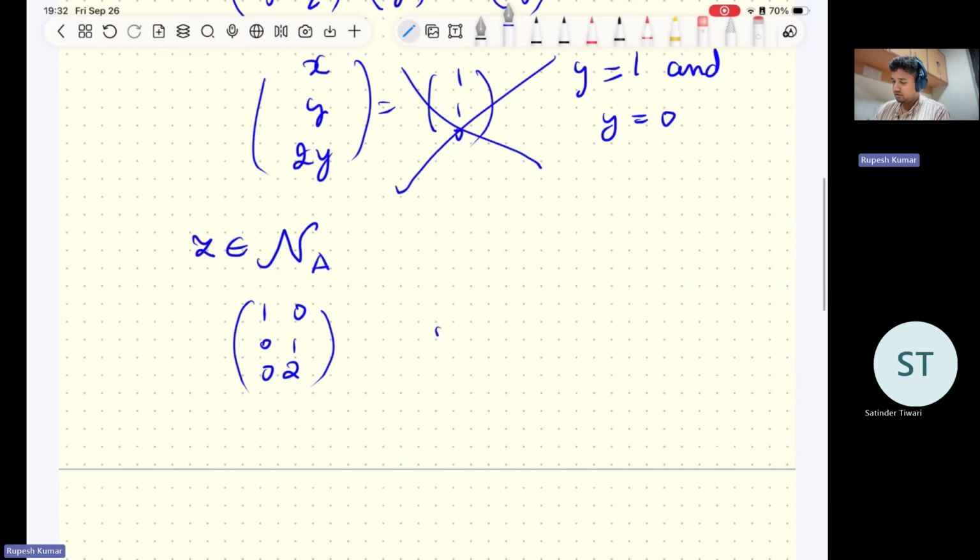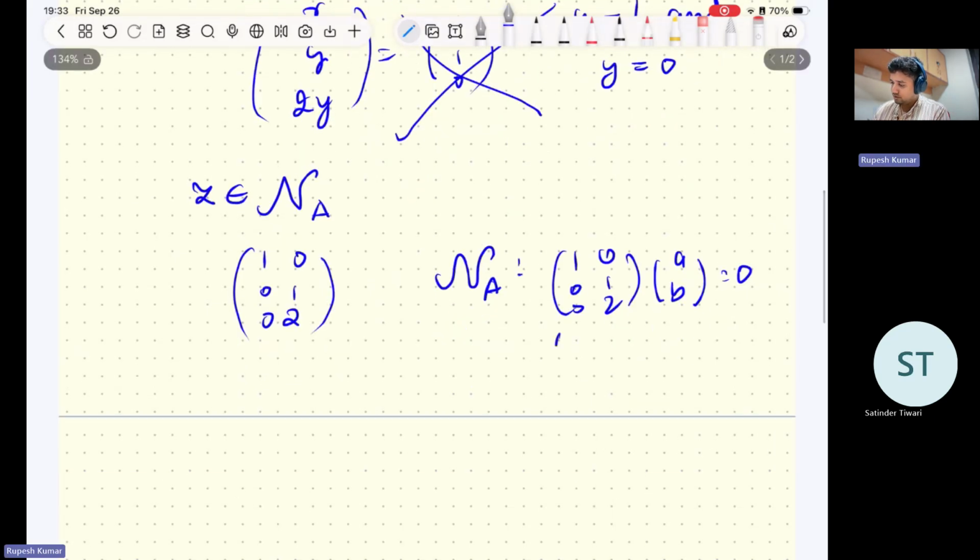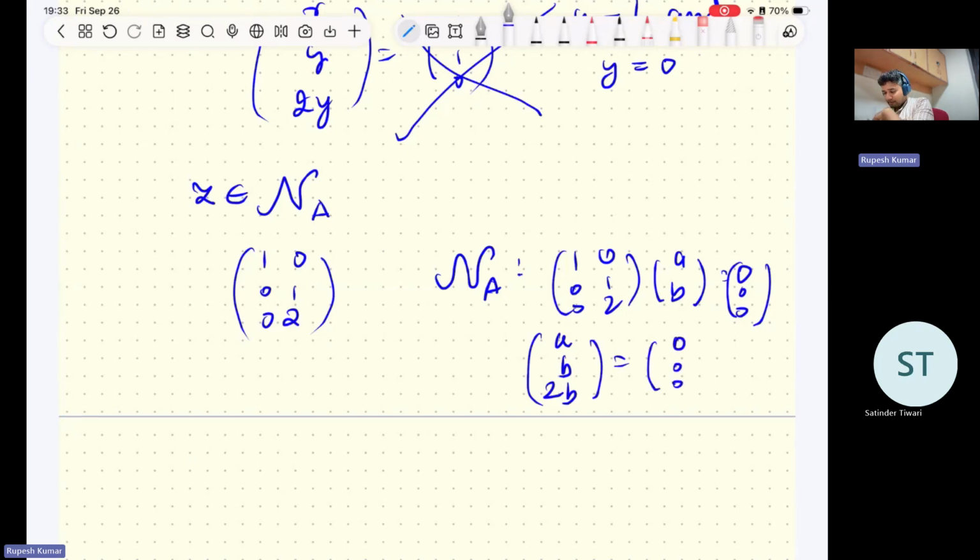So what is the null space of A? Let's try to find out the null space of this matrix. Ab equals 0 gives us a, b, and 2b equal to 0 0 0.